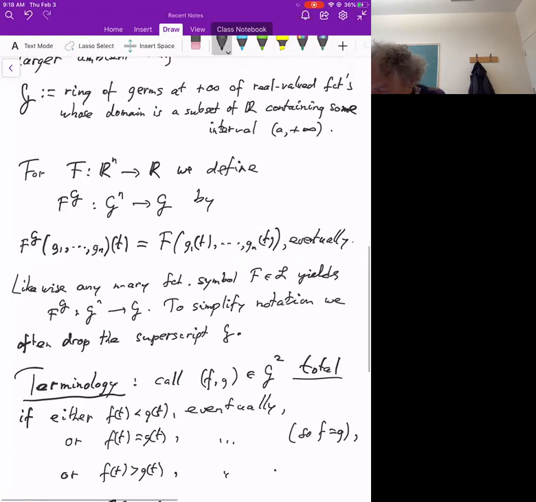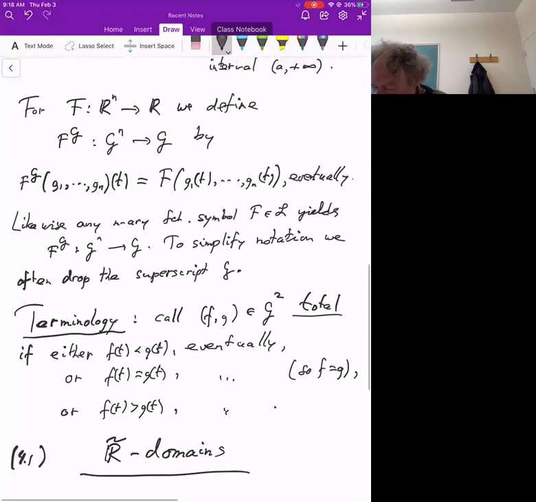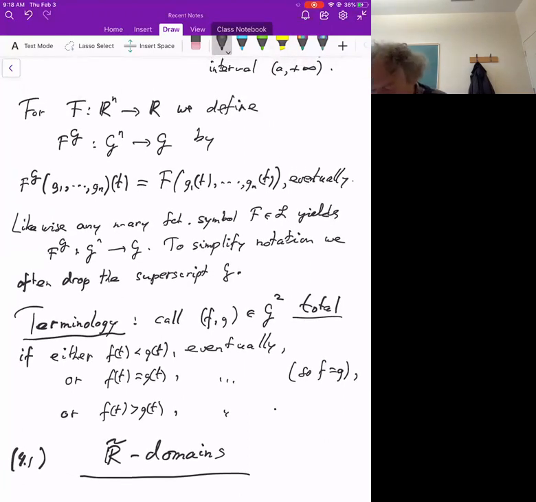Right, so we introduced this terminology, that a pair F, G of germs is total if either Ft is less than Gt eventually, or Ft equals Gt eventually, which is the same as saying that F and G are equal as germs, or Ft is greater than Gt eventually. This will shorten things.